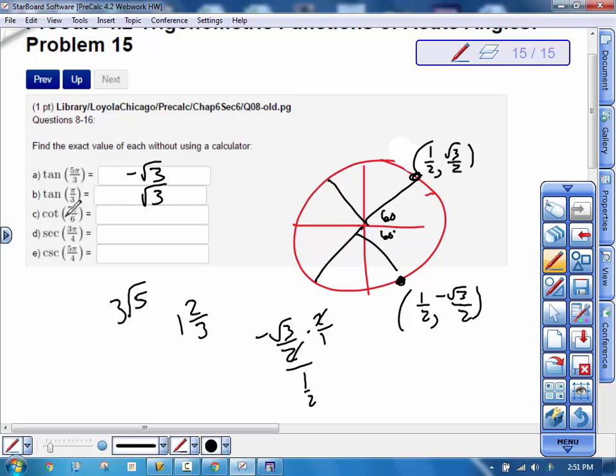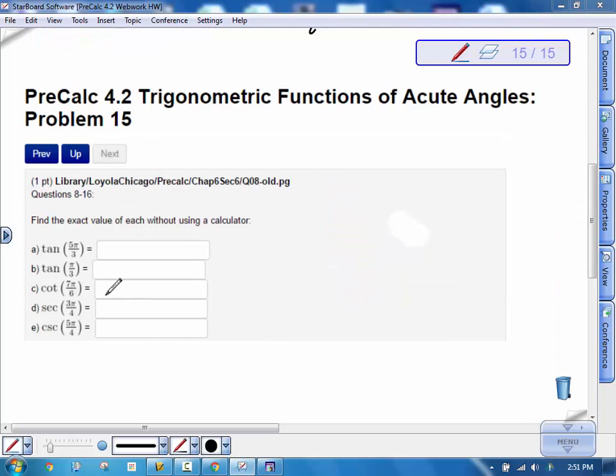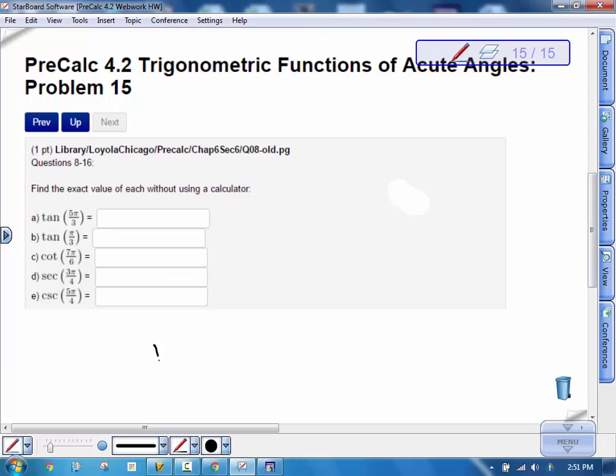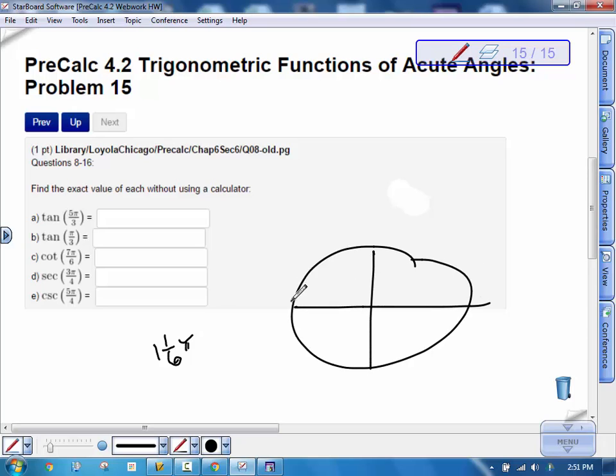And then the next one, the cotangent of 7 pi over 6. It's really 1 and 1/6 pi, so that means we go around once, 1 pi to here, then we go another 1/6 of pi, so I'll break this into 6 equal parts: 1, 2, 3, 4, 5, 6, so it'll be right here.